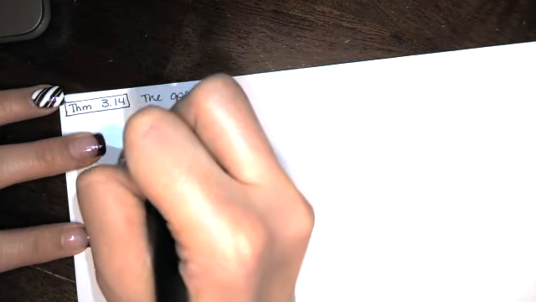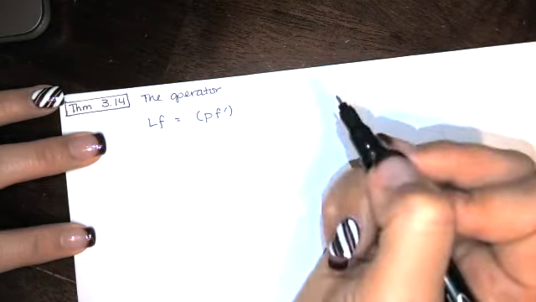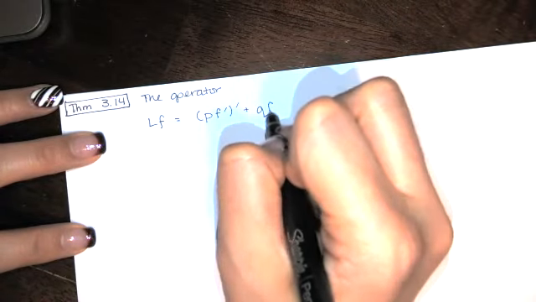This operator that we've been applying to f is one where we take f, we take its derivative, we multiply by p, and then we differentiate, and then we add q times f.